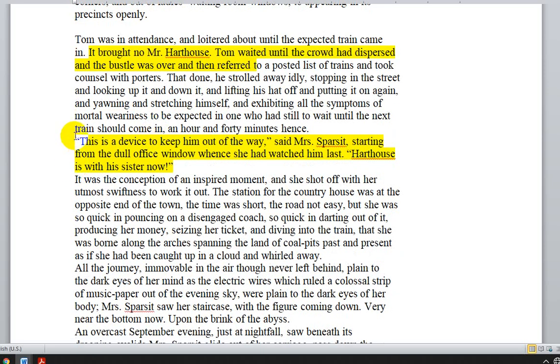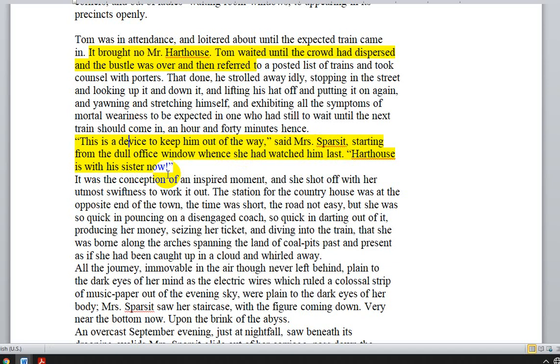So Mrs. Sparsit concluded that this is a device to keep Tom out of the way. "Hothouse is with his sister now." I told you about the omniscient narrator in the previous lecture.